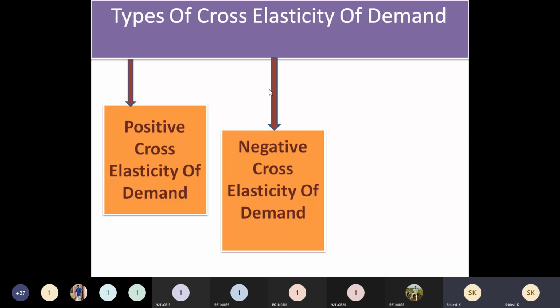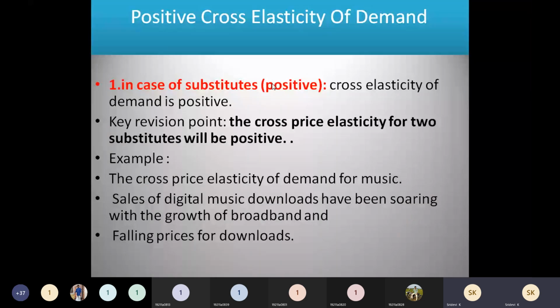Because their price will be more than our product, so those who are purchasing that product will shift to our product. That is the reason our sales also increase. When price of Y is increasing, sales of X will be increasing. So both are increasing, and we say that it is positive.